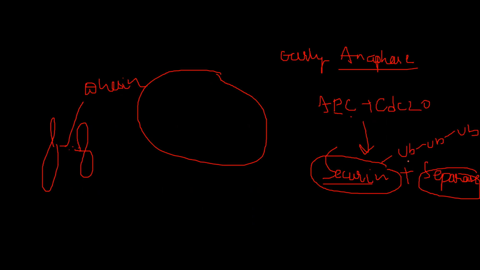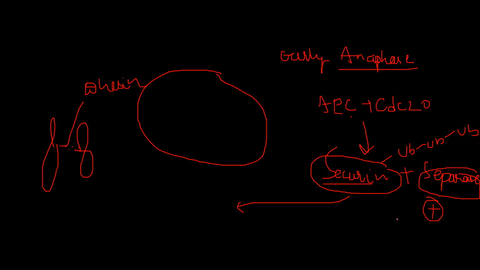It will attach the ubiquitin protein and take the securin away to the 26S proteasomal complex. Now separase gets active in the absence of securin, and it will degrade the cohesin present between the two sister chromatids. And then what will happen? The two sister chromatids will be apart from each other.